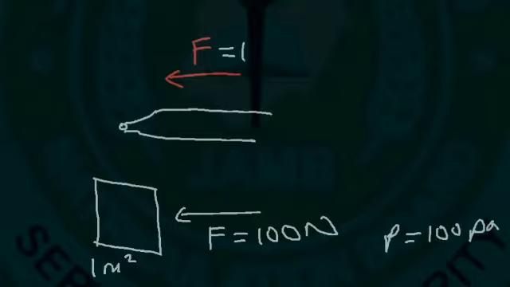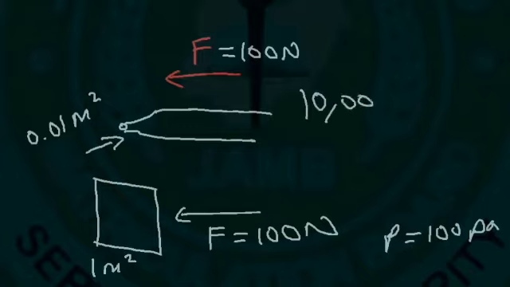But now let's say you apply a force of 100, and this area is significantly smaller, say 0.01 square meters. 100 divided by 0.01 is 10,000. So the pressure is significantly larger because the area is so much smaller.